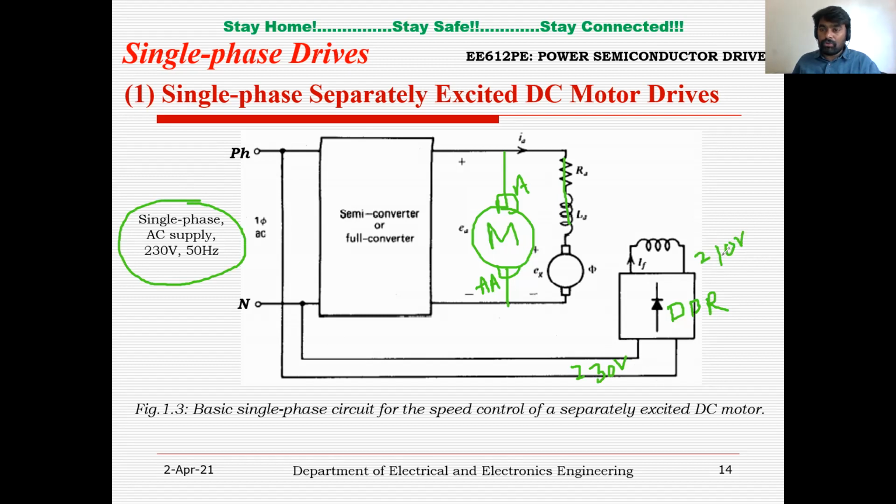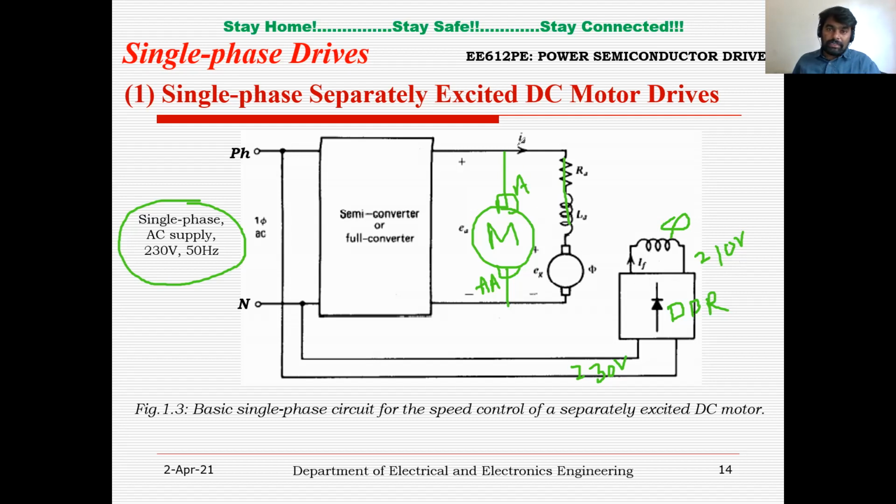And you cannot control this voltage because we are using an uncontrolled device. So you will get an uncontrollable voltage, which is constant. If the voltage is constant, then the field current is constant. If the field current is constant, field flux is constant, which means it is a constant flux motor.